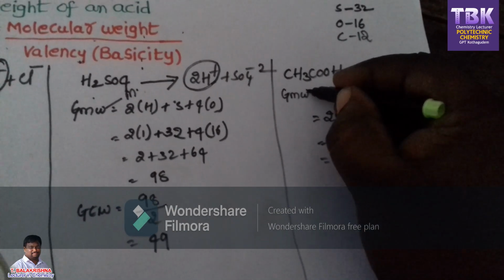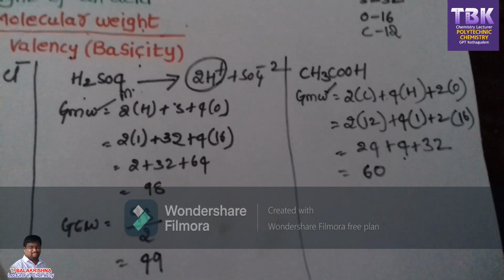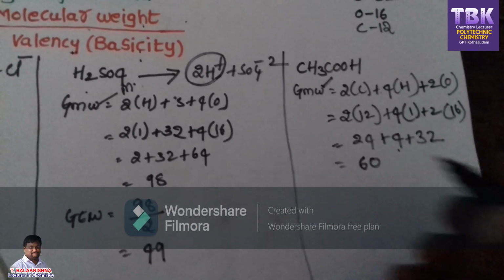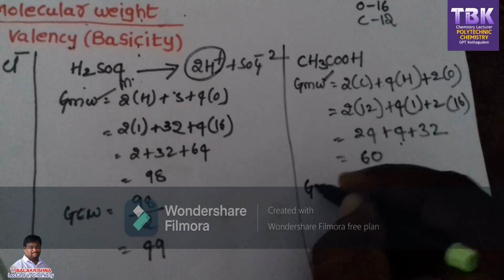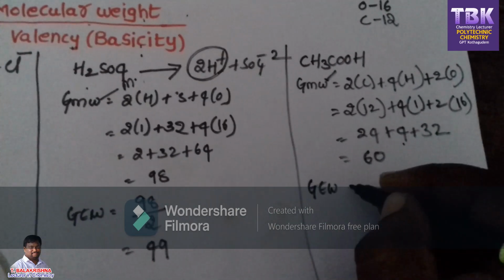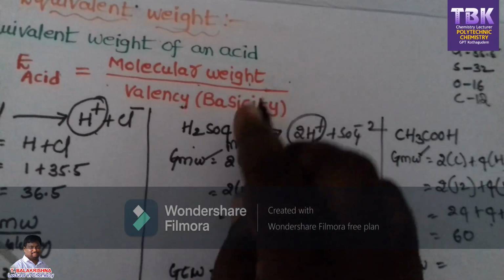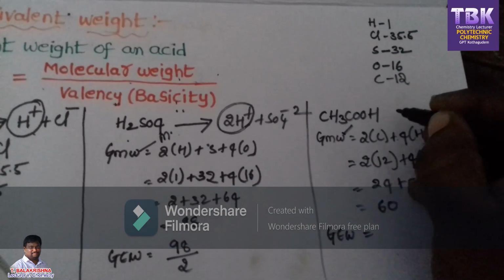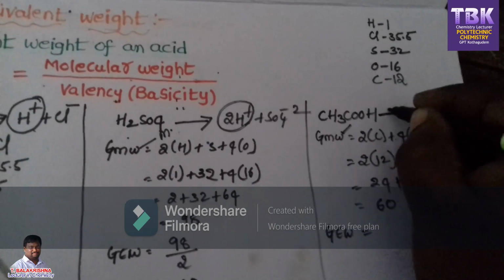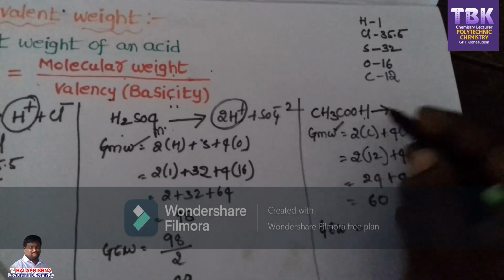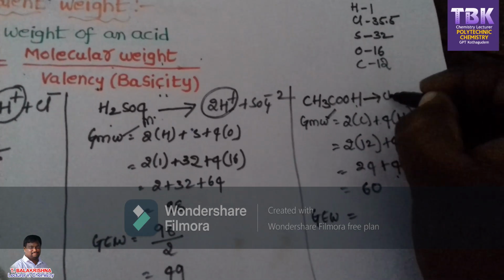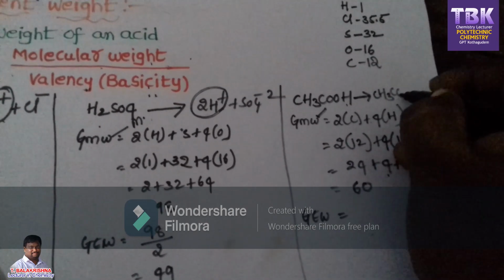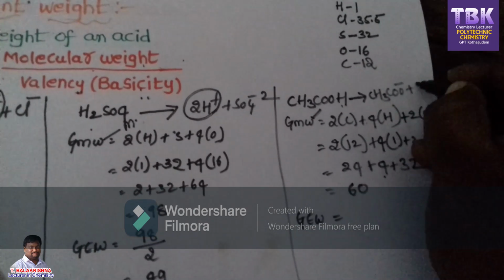This molecular weight is useful for molarity problems only. If you find out the normality, you should know the gram equivalent weight of acetic acid. The formula is molecular weight by basicity. Basicity means how many replaceable hydrogen atoms. It has 4 hydrogens, but it is split into ions. It produces CH3COO minus plus H plus ions.